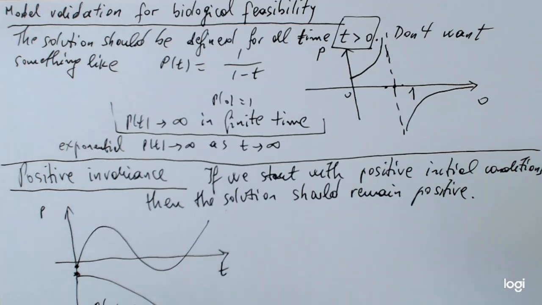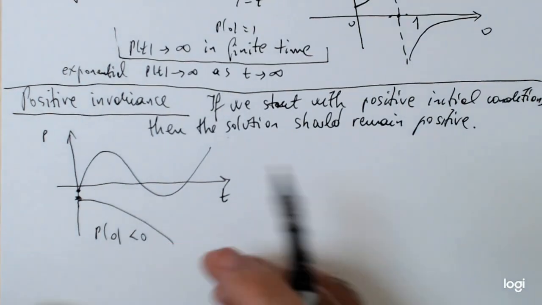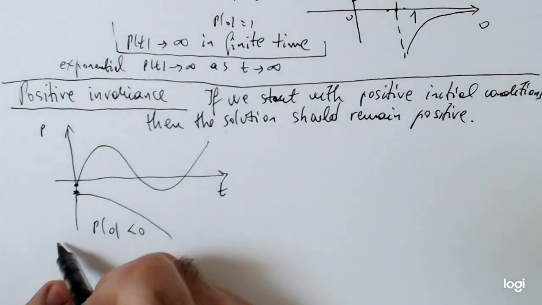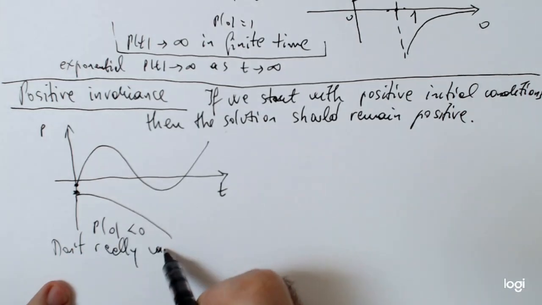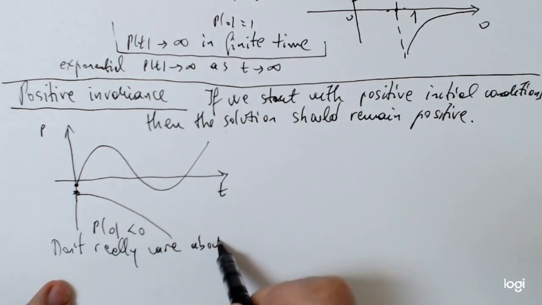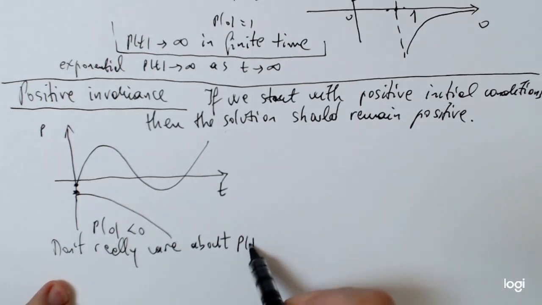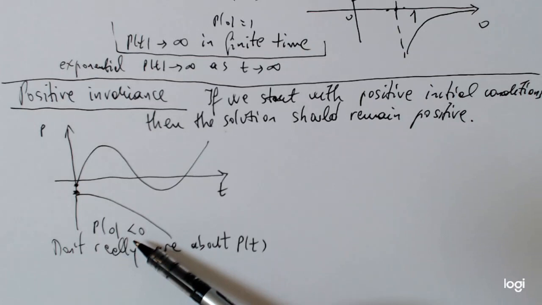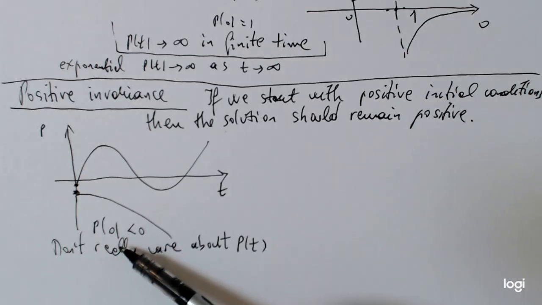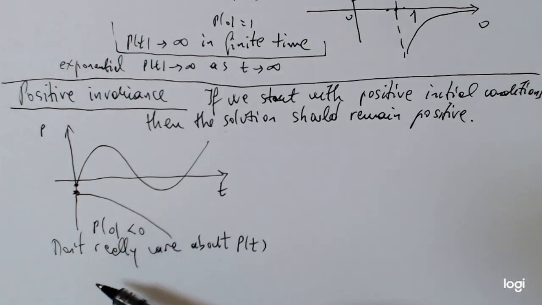So if P of 0 is less than 0, we really don't care about P of t. Because if P of t represents a population size, the only possible initial condition is a positive initial condition, 0 or positive, right? You can only start with no individuals in a certain category, or a positive number of individuals.